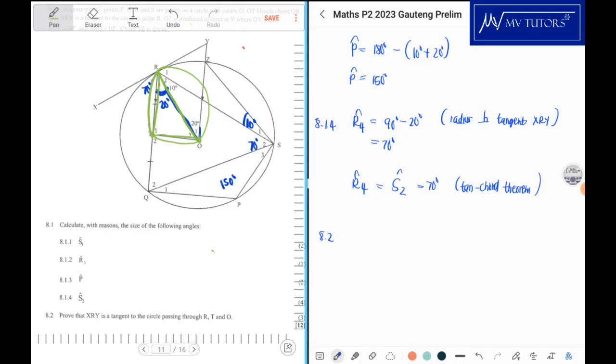With this circle, if I can show that O2 is actually 70 degrees, then I'd be fine. I hope you see what I'm talking about. If we can just show that O2 is 70 degrees, then that would be great. Okay, using the tan chord theorem.